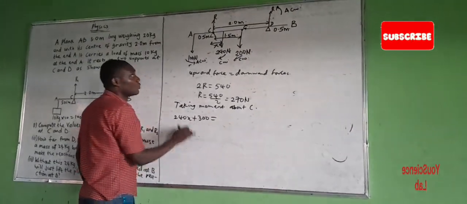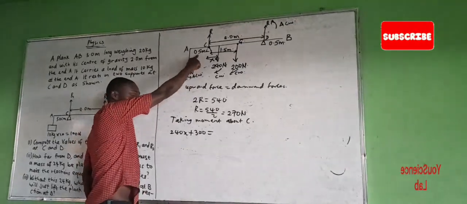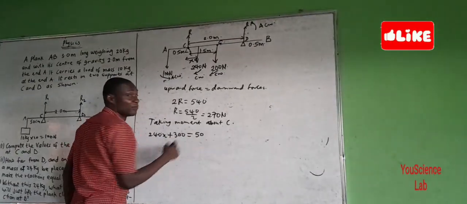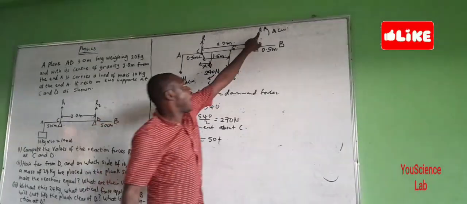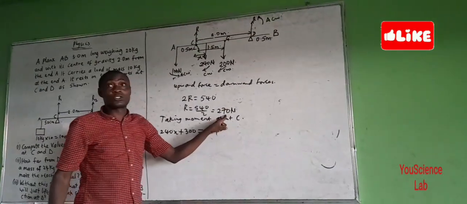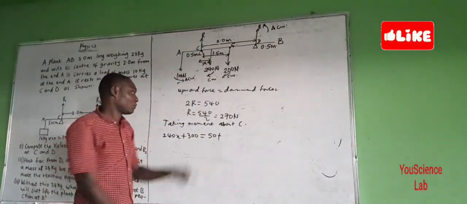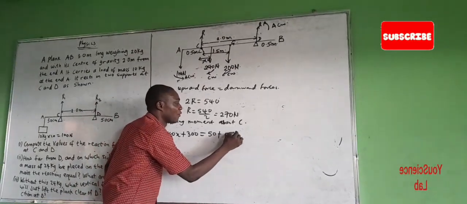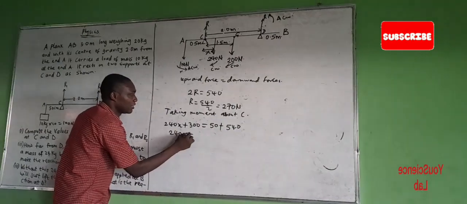This is equal to the anti-clockwise moment: 100 times 0.5, that's 50, plus R times 2.0. R is 270 times 2.0. That's 540, right? So 240x is equal to what?